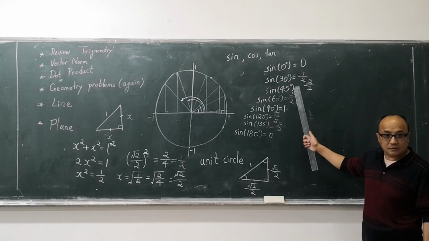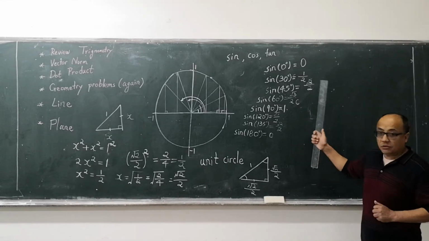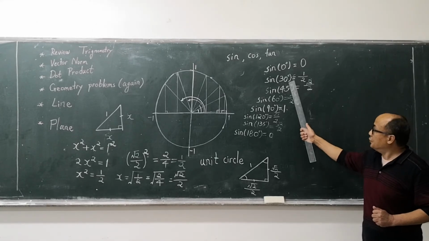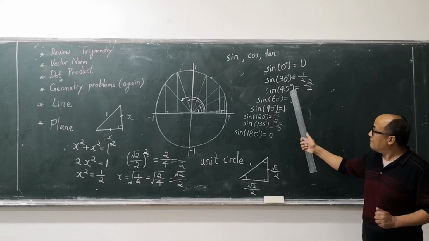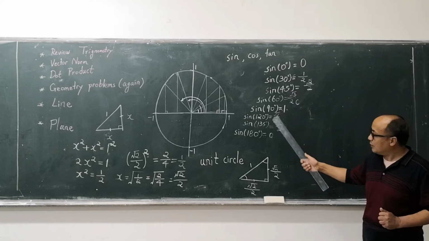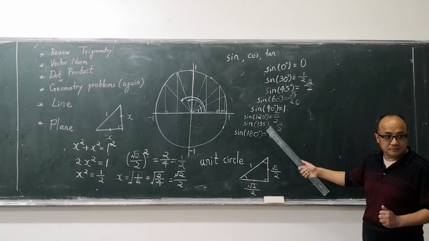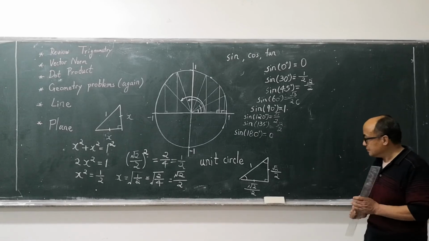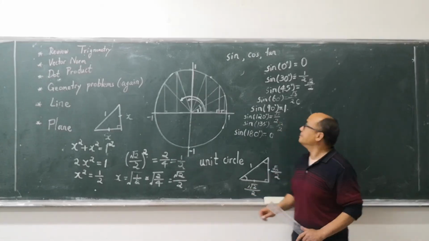Most of the time, we don't use 30 degree, 45 degree, 90 degree, 180 degree. What we use? We use pi.